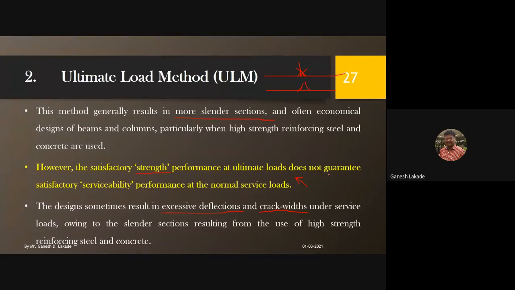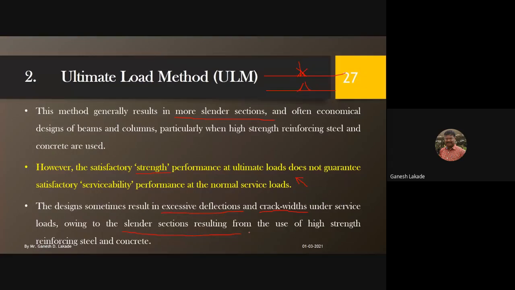satisfactory serviceability. Now, what does serviceability mean? We are also going to discuss this in limit states. There are certain limit states, and the limit state of deflection is one check. What happens here, as I mentioned, is that in the ultimate load method we get slender sections.